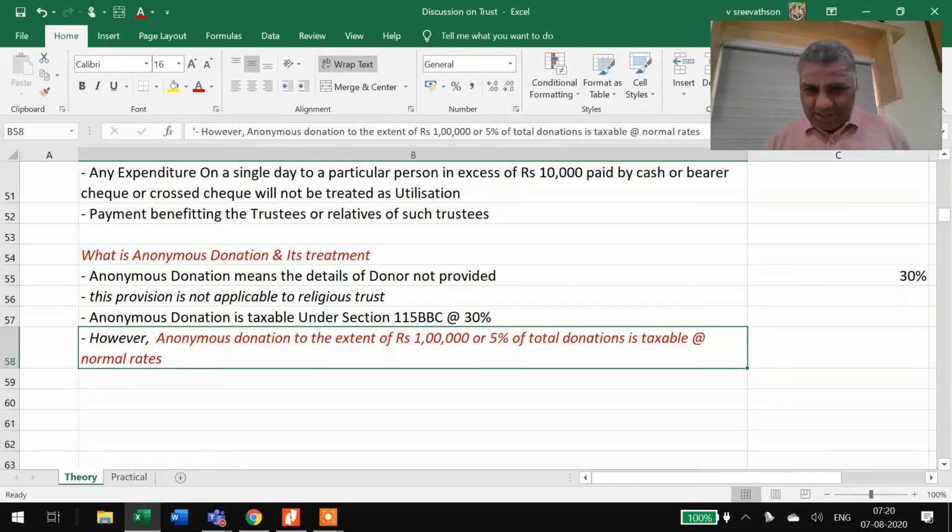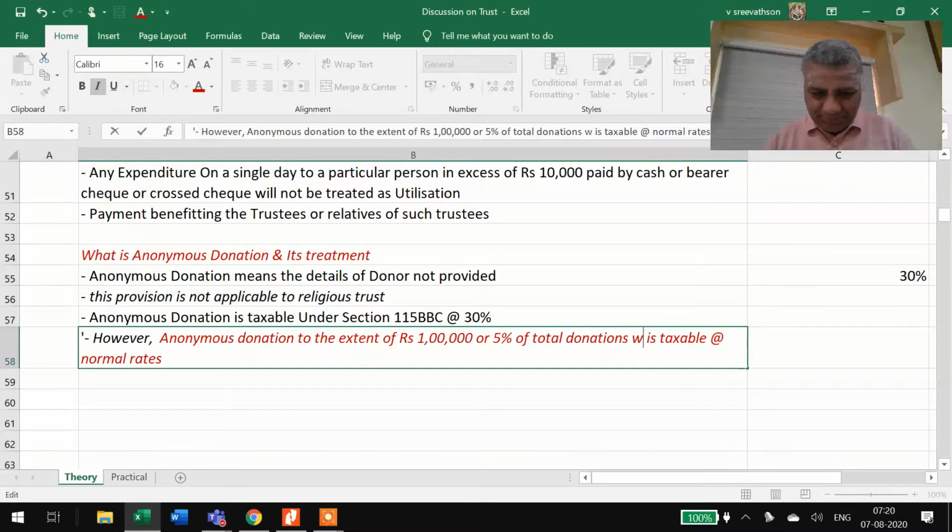Sorry friends, whichever is higher. Okay, anonymous donation to the extent of 1 lakh or 5% of total donation, whichever is higher is taxable at normal rates. Balance anonymous donation is taxable at 30%.